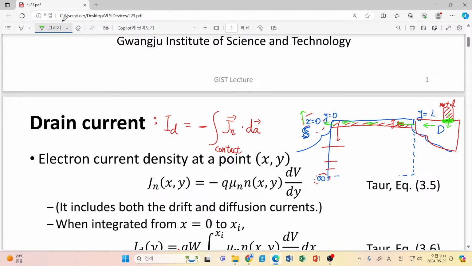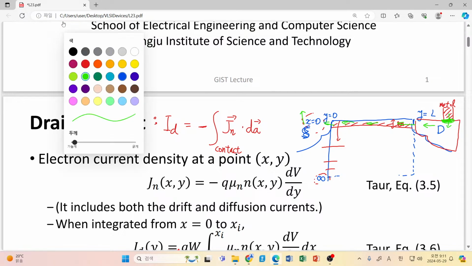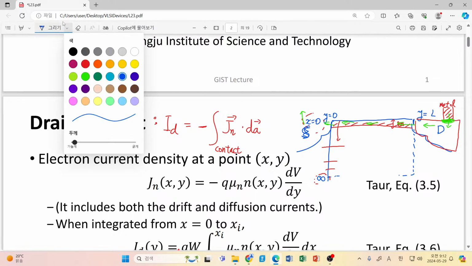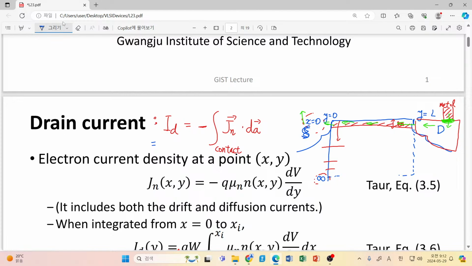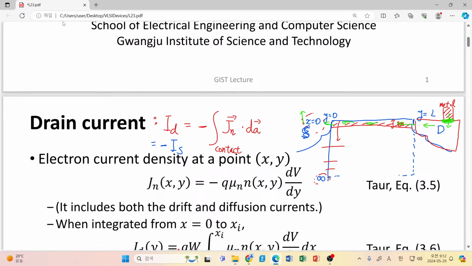So this I_D, although we write it down as I_D, is identical to minus I_S. In the case of a source, the same amount of current is escaping. So current is coming in and escaping, exactly the same amount.